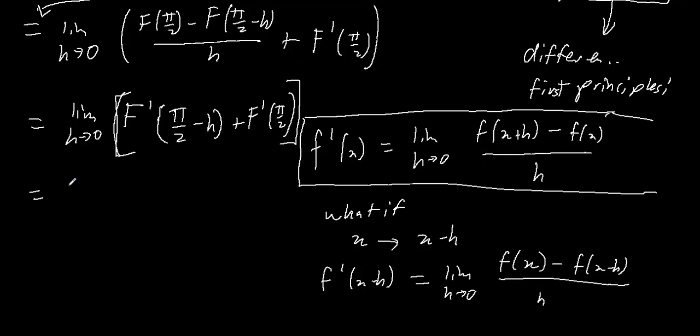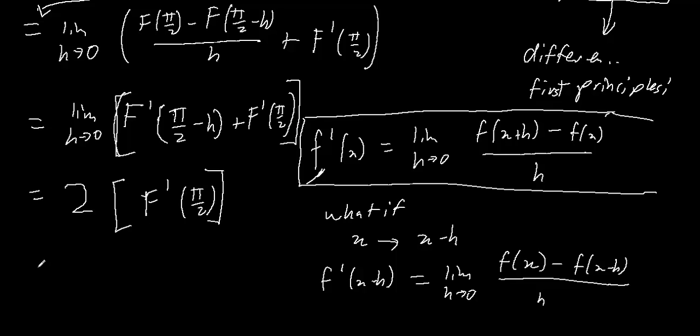So then I just have two groups of f dash of pi on 2. What it means is you're just taking f dash of x, and then you evaluate it at pi on 2. That's what all of these mean.